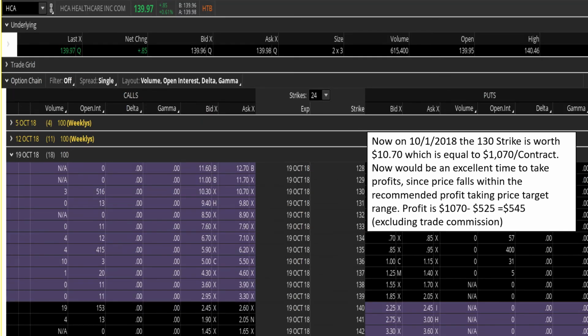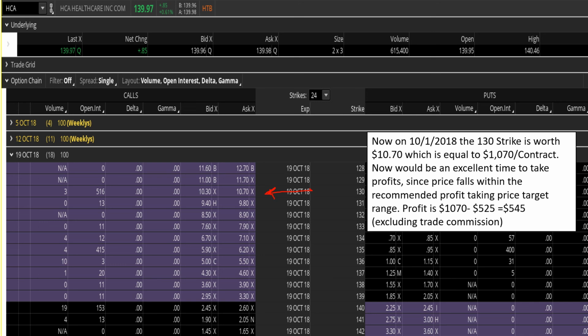The $130 strike price is now at $10.70. As you can see here, we were able to get this price at the ask price, which is sometimes not always the case. Sometimes you'll get what's called the mid price, which is in between the 1030 and 1070, but it's not written in stone.